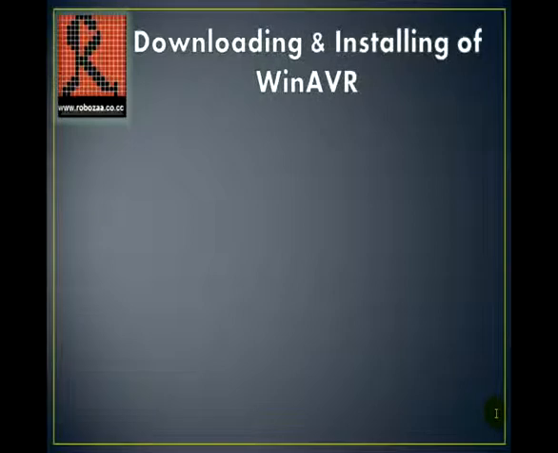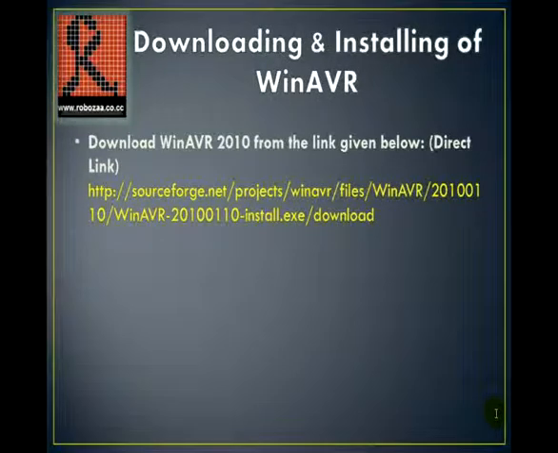Well, let's begin. How to download and install WinAVR. Please visit the link shown on the screen to download the latest version of WinAVR. By the way, the latest version of WinAVR is version 2010, and since then they have not developed any further versions.